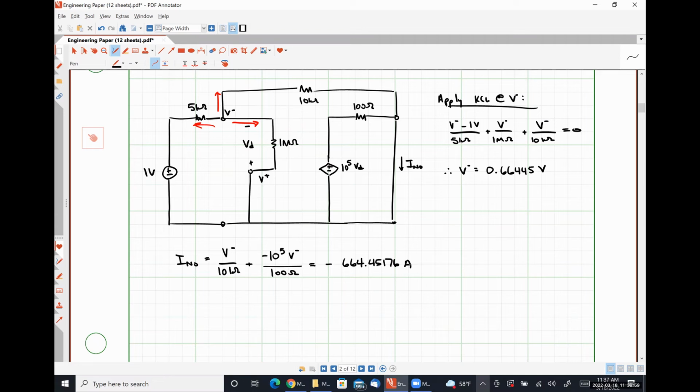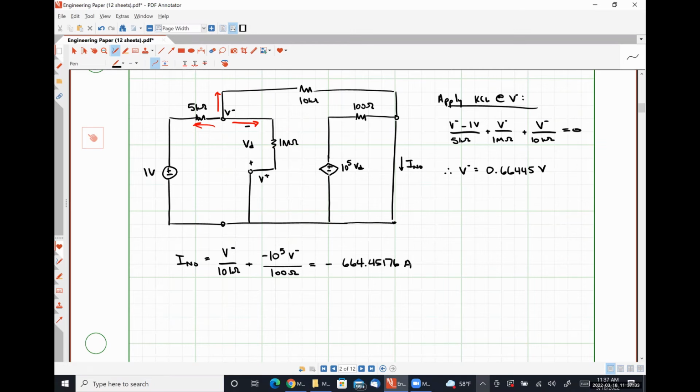Okay. If I physically short-circuited the output terminals of an op-amp, I sure am not going to see that op-amp carry 665 amps of current because it'll burn it out real quick, right? So this is a theoretical calculation using the practical op-amp model parameters. We would never actually see this amount of current carried by a single op-amp, okay?